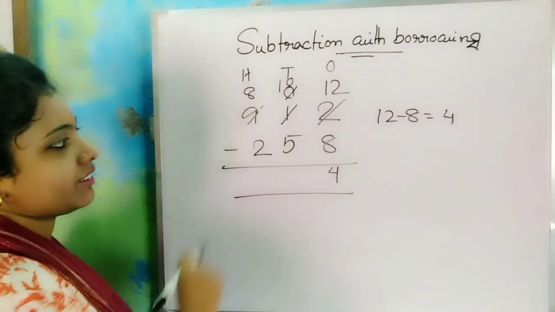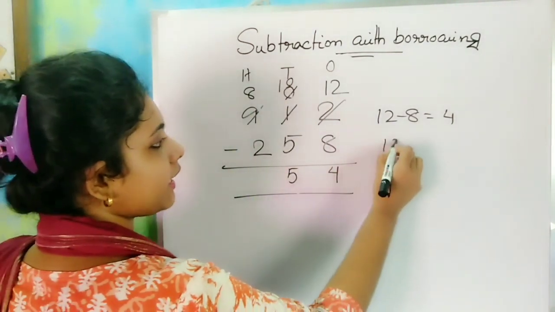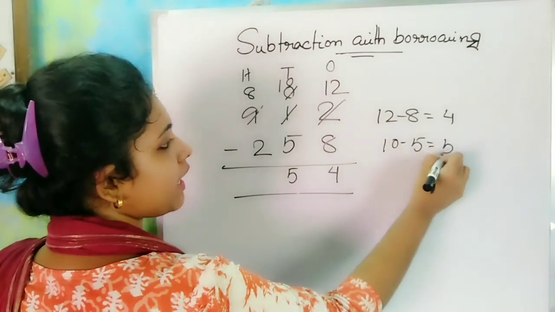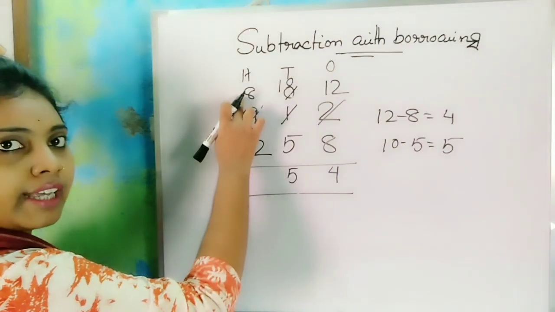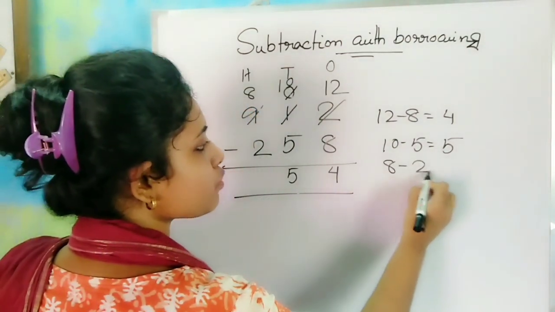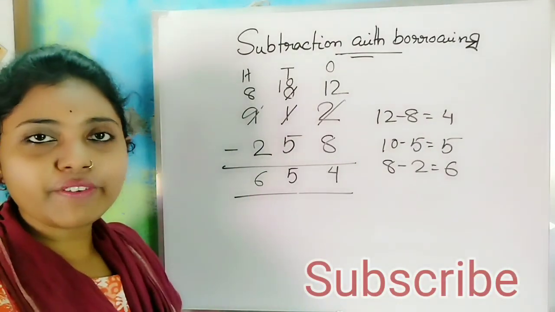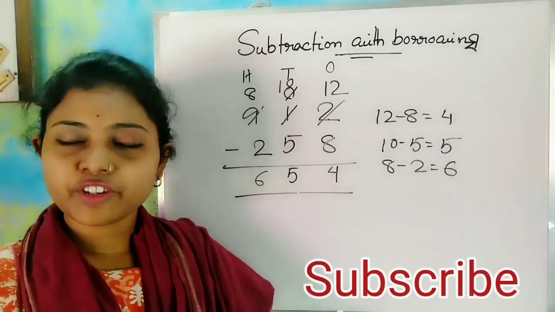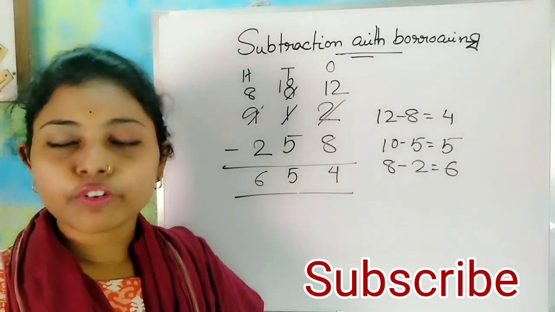So 10 minus 5 means 5, and at last we have to subtract 2 from 8. So 8 minus 2 means 6. So 654 is the answer.